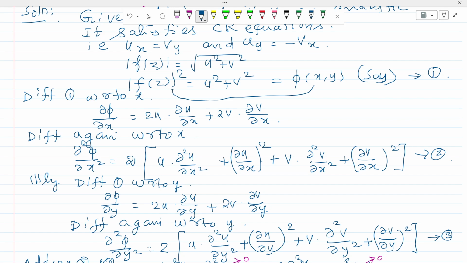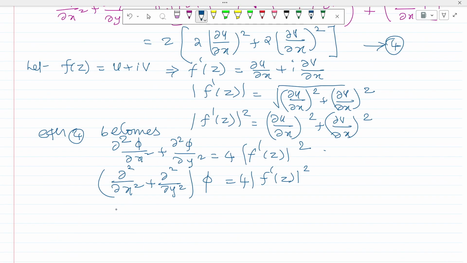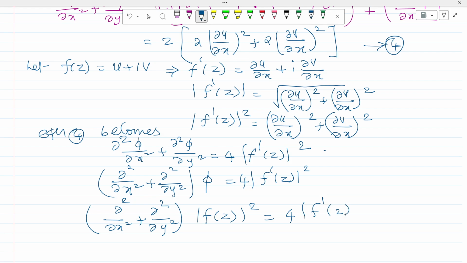Once again substituting φ = |f(z)|², we get (∂²/∂x² + ∂²/∂y²)|f(z)|² = 4|f'(z)|². Hence proved.